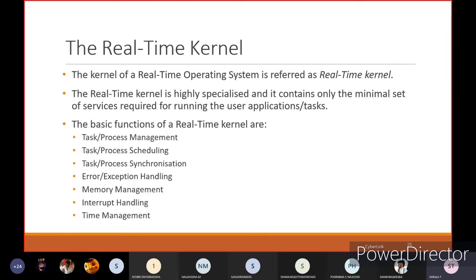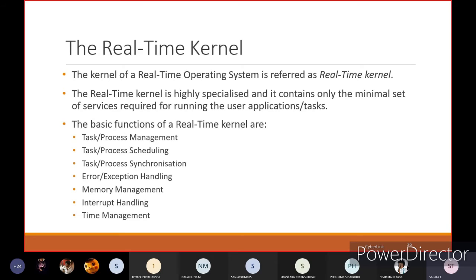All these things are the basic functions of the real-time kernel, because whenever we are talking about any real-time operating system, the main thing is task or process management, how we manage to execute the highest priority programs or tasks. Then task or process scheduling: how we schedule which one has the highest priority, and which has to be executed after that, after the execution of the second program.